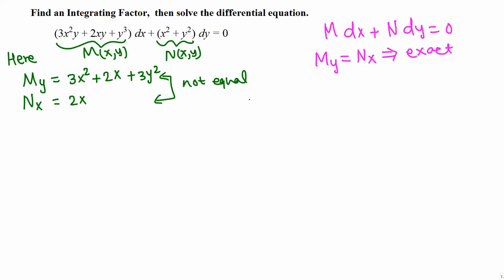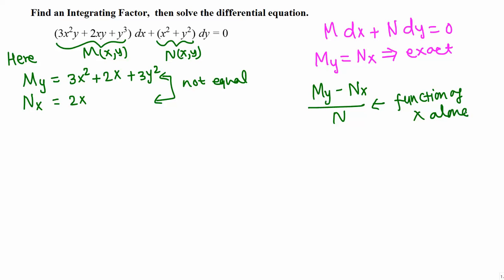And we saw in class we need to find two things. One is (M_y minus N_x) over N. If this is a function of x alone, then e raised to the integral of this with respect to x will be the integrating factor.